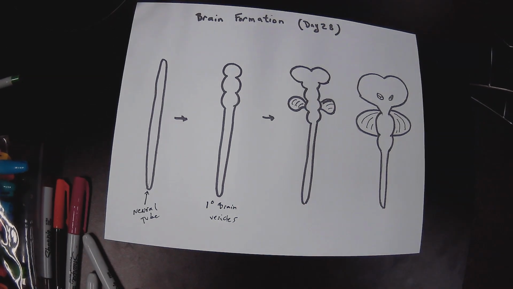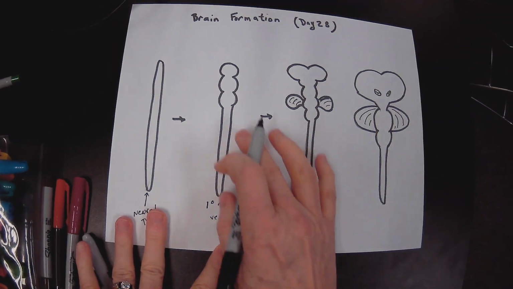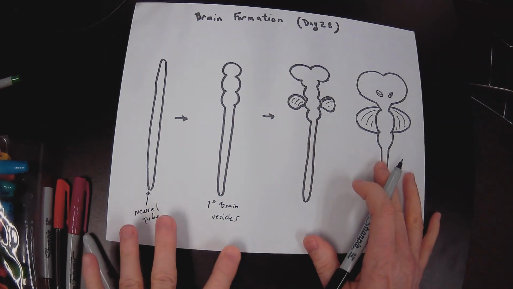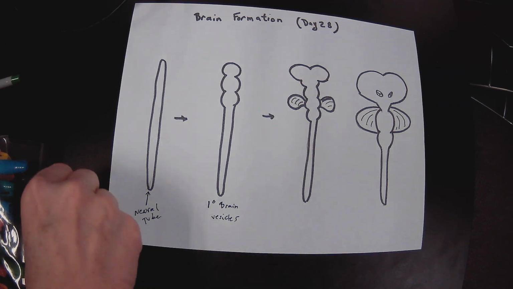So going from the neural tube, when the anterior neuropore is fully closed, you start to develop 3 different bulges, and these bulges are collectively known as your primary brain vesicles. 3 different ones that we need to know about.